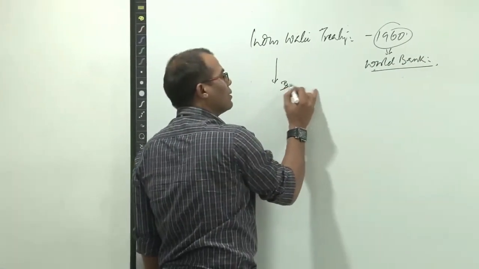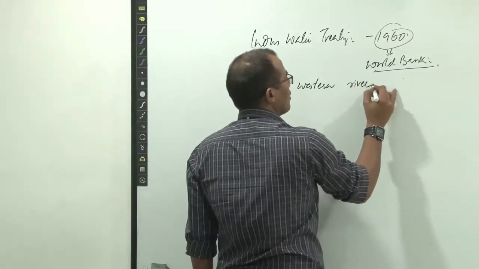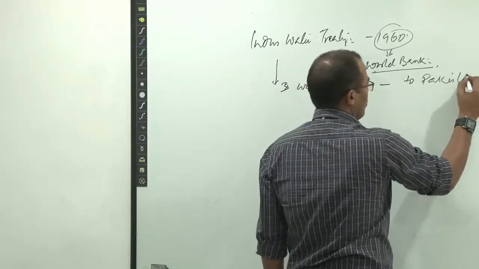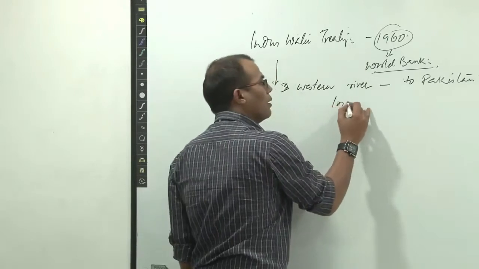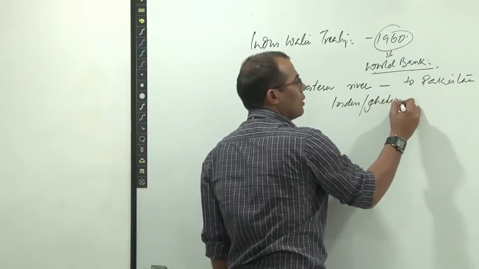Three west-flowing rivers, or three western rivers, the right to use the water goes to Pakistan. What are those western rivers? Indus, Jhelum and Chenab.